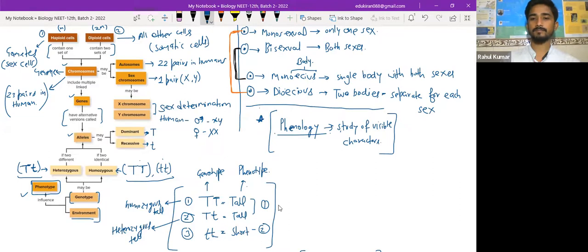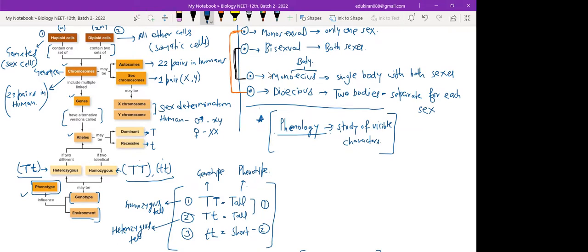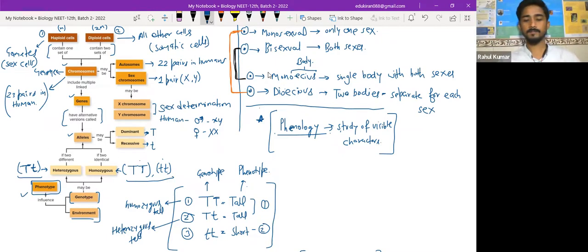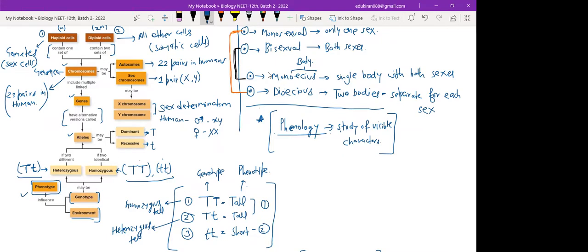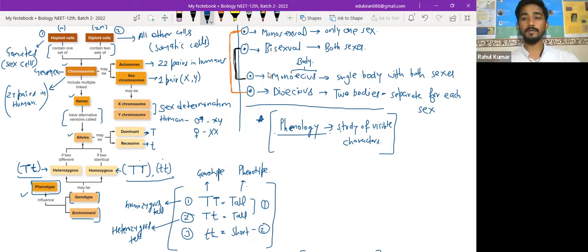Bisexual is like, in bisexual both the sexes are involved, both the gametes, and in monosexual they have only one sex involved. They have only one sex, so it's a feature. Involvement happens in reproduction.